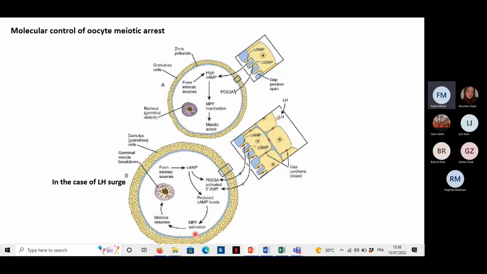Okay, in fact, this MPF activation will lead to chromosome condensation and the degradation of the nuclear envelope during the prophase, and this will help the cells to exit the prophase. Okay, and thus the meiosis will resume during this MPF activation.